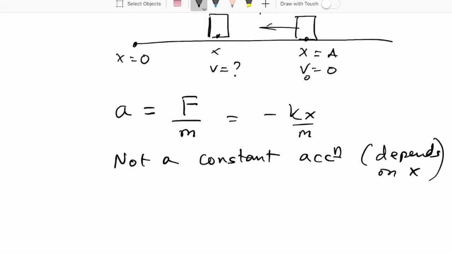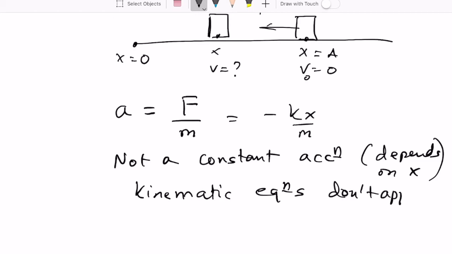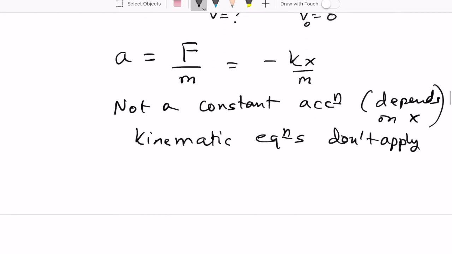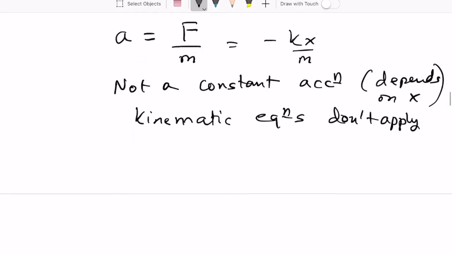Back in chapters 2 and 3, you notice that when you cannot use kinematics, you can still use the definitions of velocity and acceleration. So let's try that approach. Kinematic equations don't apply. So one thing you can do is try this approach.